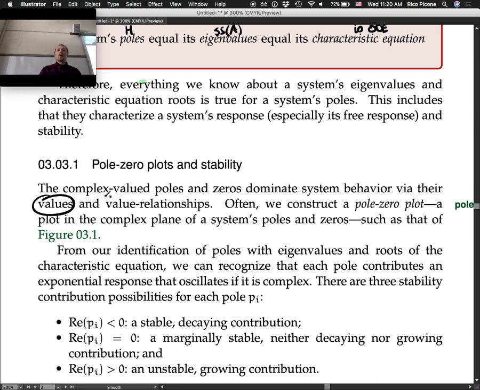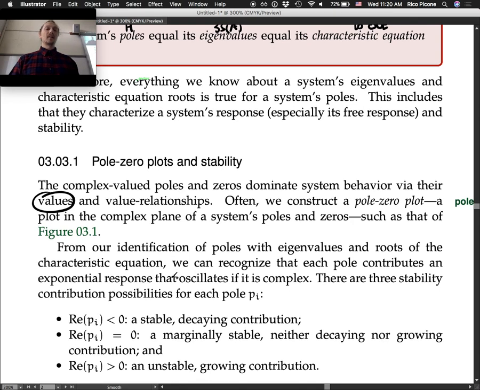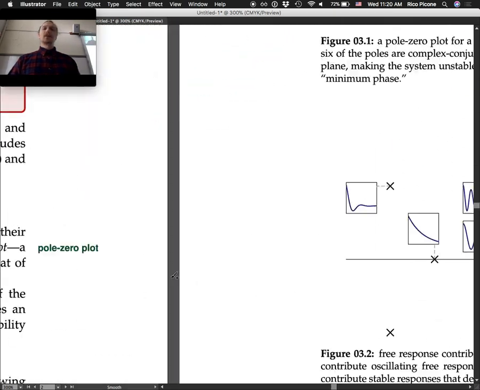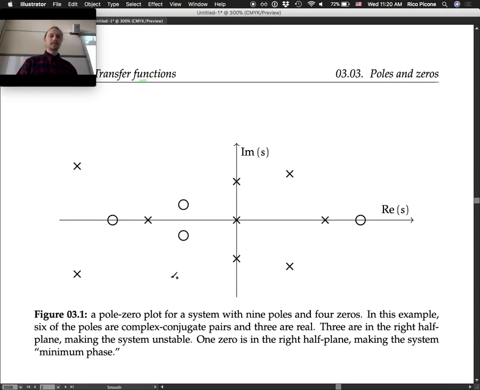Often we construct a pole zero plot, a plot in the complex plane of a system's poles and zeros, such as that of figure 3.1. So let's look at figure 3.1. The complex plane, remember, has as the horizontal axis the real part of a complex number, and on the vertical axis, the imaginary part.